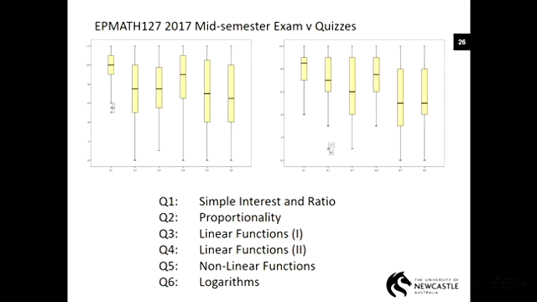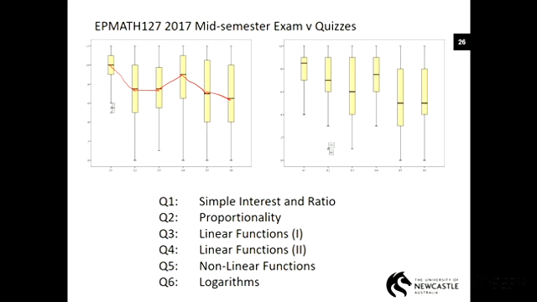Our results range from 0 to 12 out of 12. As they did for questions 4, 5 and 6, we got the full range of results, 0s through to 12s. So you can see that everything was very spread. And if you just want to look at what were the middle marks, I can see a bit of a graph here. I can just look at them and say, clearly question 1 was our favourite, and question 4, linear functions 2, probably because it followed on from the first week, we also did well.